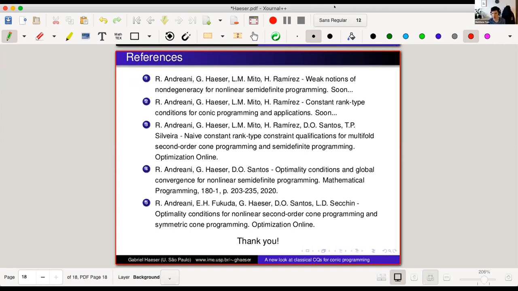Maybe we have time for one more quick question. Can I ask a question? First, thanks for the very interesting presentation. When KKT multipliers do exist, what are the consequences of having weak non-degeneracy?